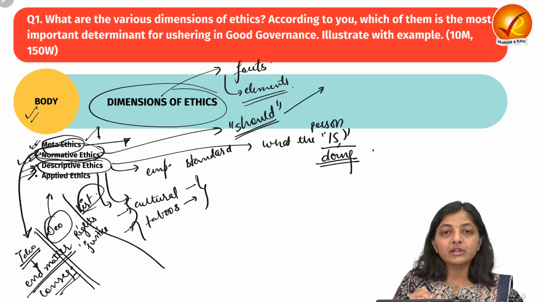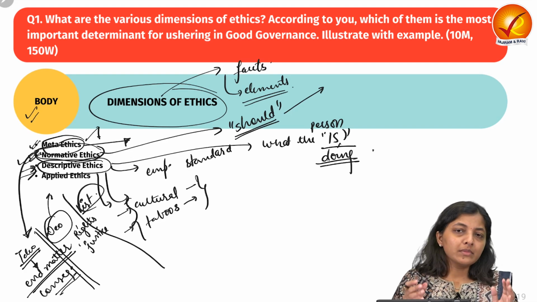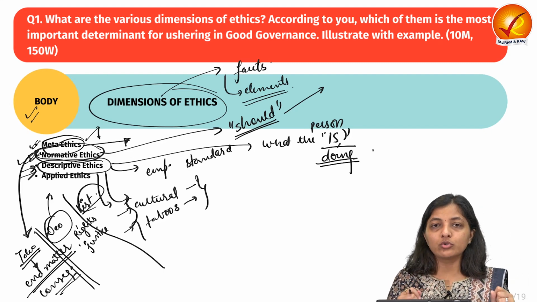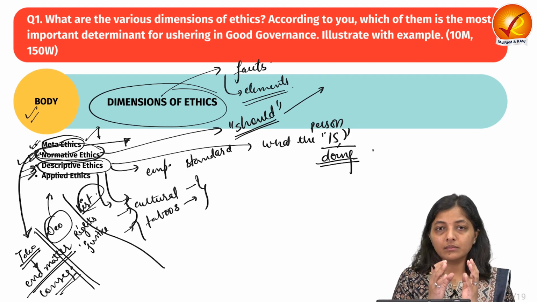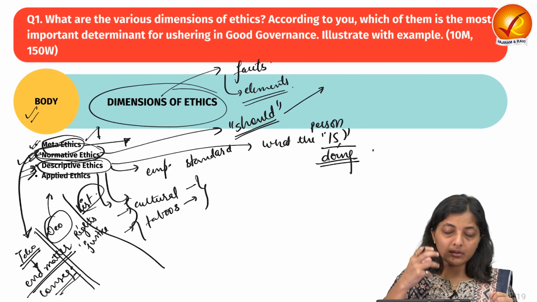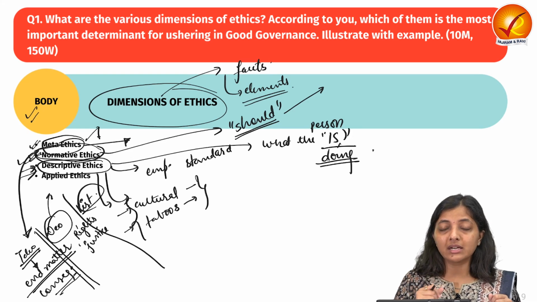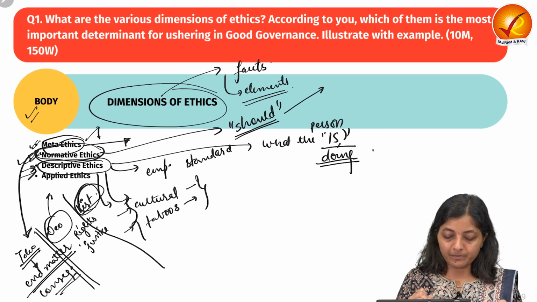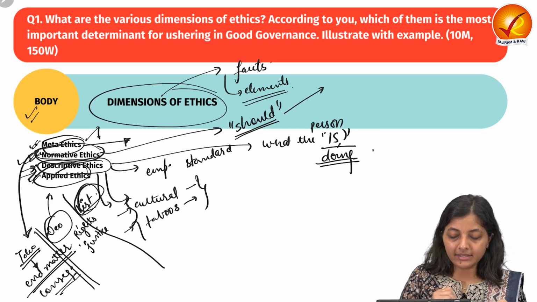Then next is the virtue approach. Virtue means there are some virtues or moral standards of individuals. Whatever it takes for a person to come closer to the virtue standards of that particular individual, he will do that. So that is the virtue approach. Next is applied ethics.